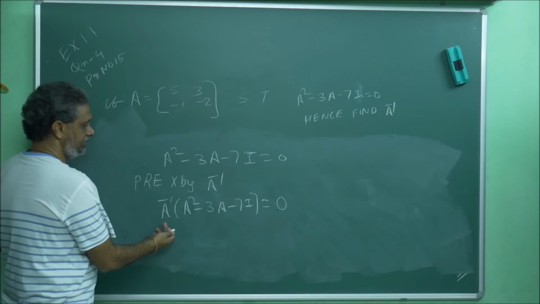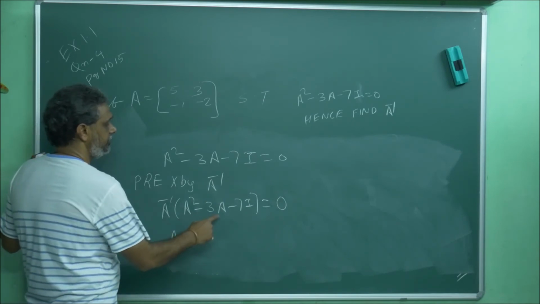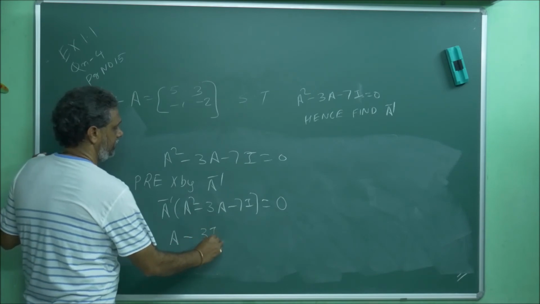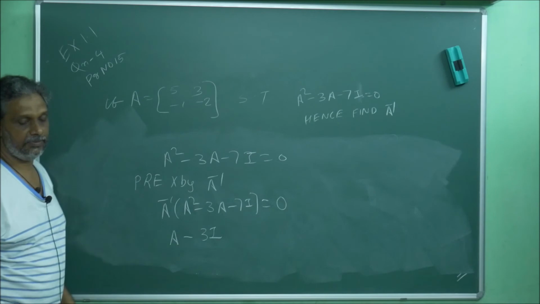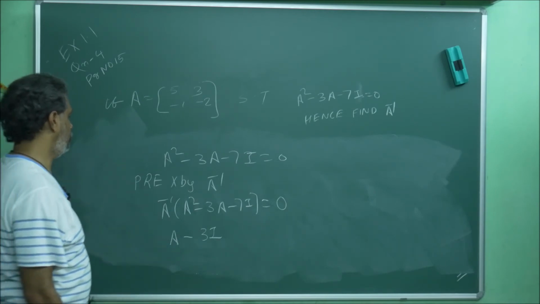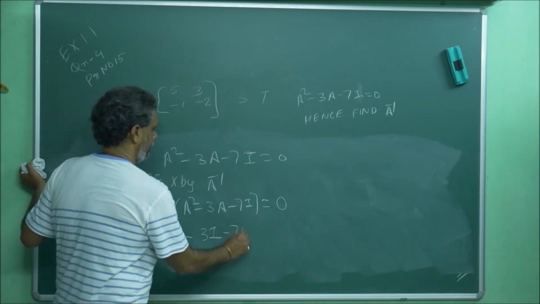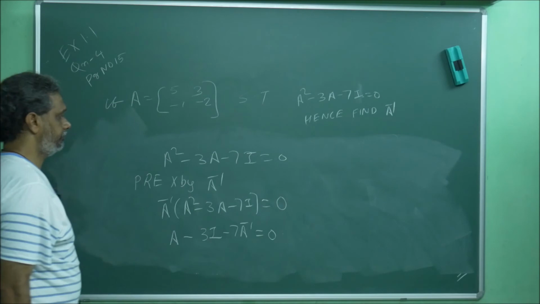Now, A inverse into A square, what will you get? A you will get. A inverse into A is what? I you will get. 3I. A inverse into I: with the identity matrix, if you multiply with any matrix, the same matrix will come. So, minus 7A inverse.